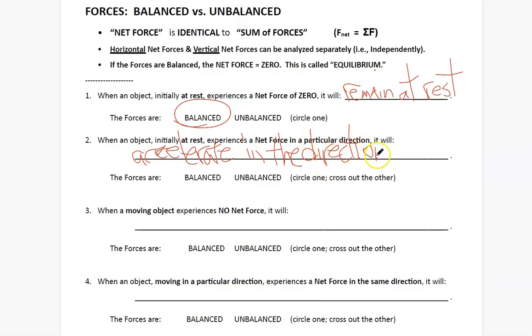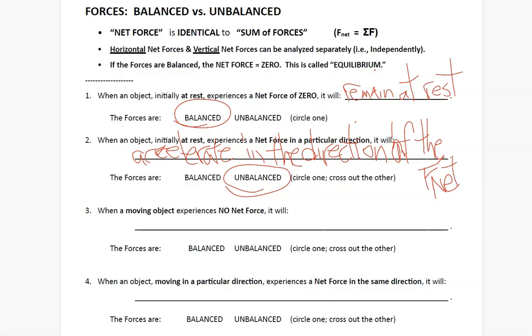Acceleration is always in the direction of the net force. That's right, force sub net. Okay, it will accelerate in the direction of the net force. And in this case, because there is a net force, it's not zero. By definition, the forces must not be balanced. Otherwise, if they're balanced, it means they cancel out to zero.